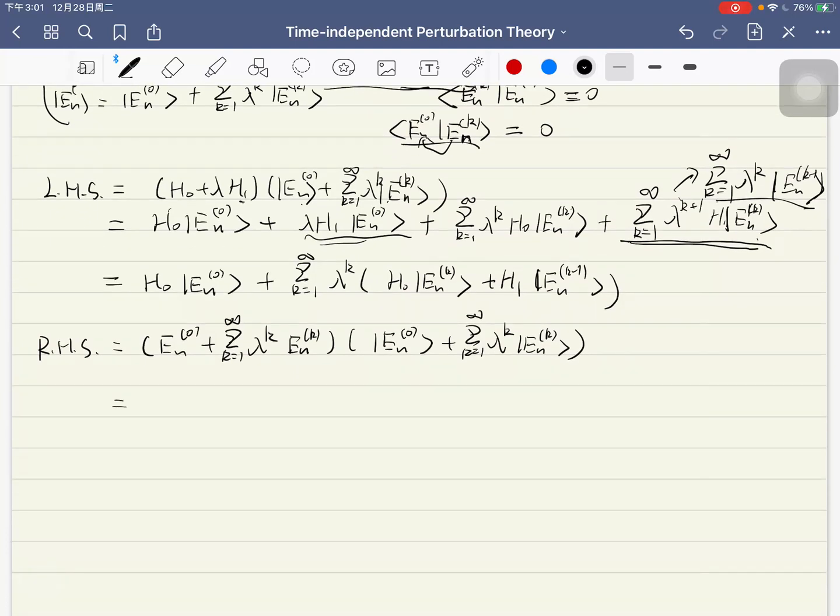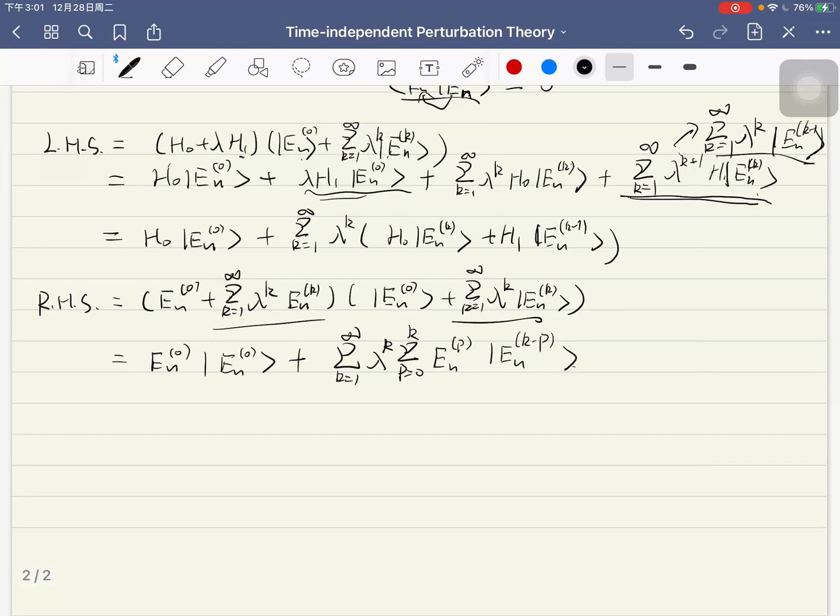We have the En0 |n0> term, and you can regroup these terms, categorized by lambda^k, as the sum over p from 0 to k of En(p)|n(k-p)>.